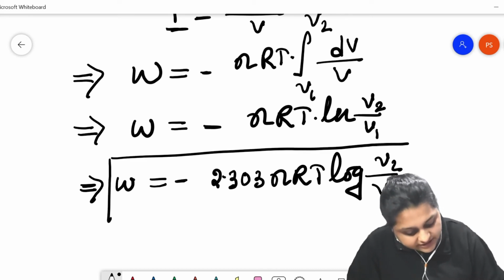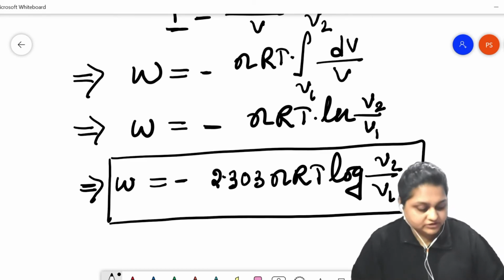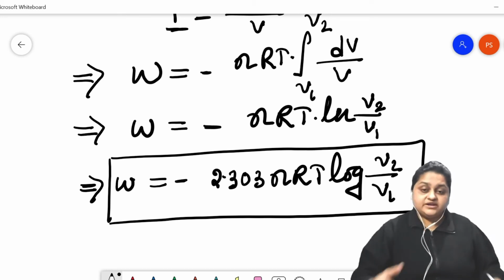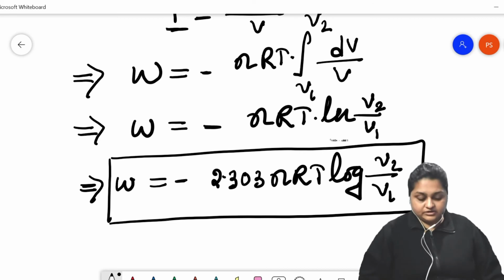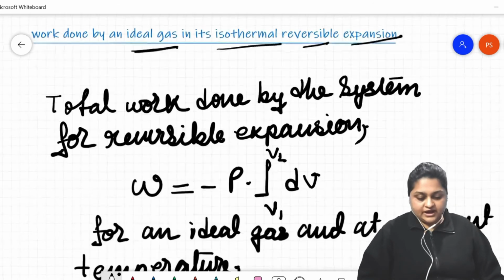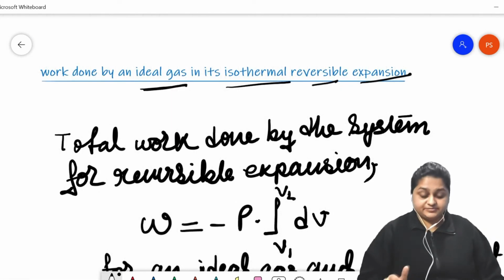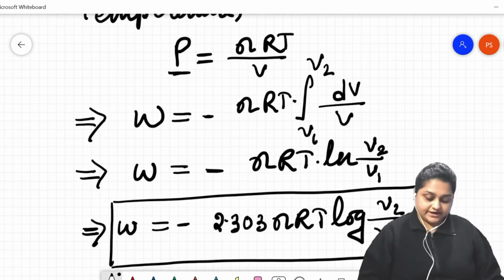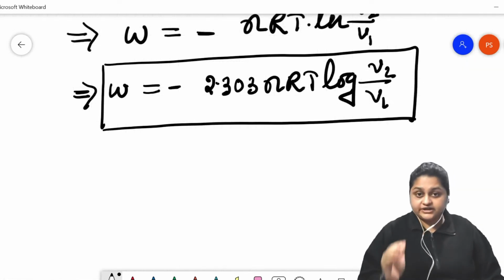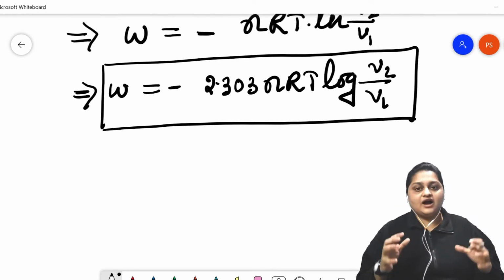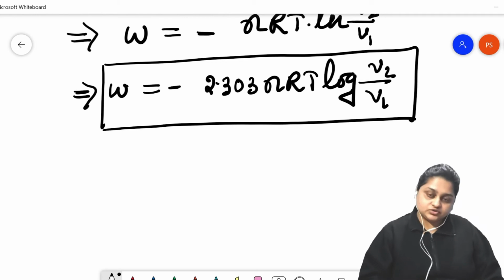This is the integrated expression for the work done by an ideal gas in an isothermal reversible expansion. I am again going to say that this is the integrated mathematical expression for the work done by an ideal gas in an isothermal reversible expansion.